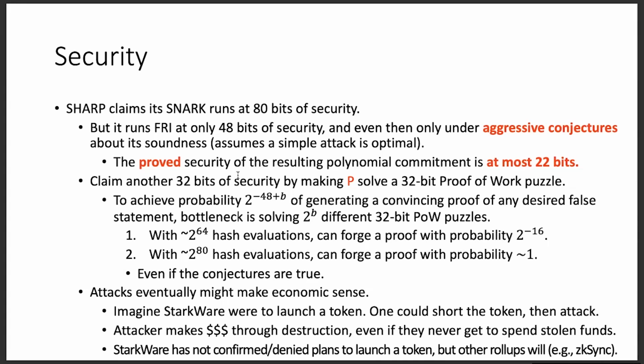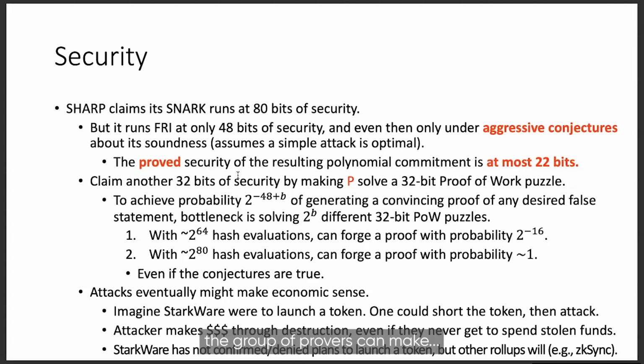If you shorted the token, that's how you make your money. You could potentially find other ways to short companies if they don't have a token. So right now, running the trivial attack on this kind of SNARK doesn't make sense. But in a world where rollups are highly successful, it might.